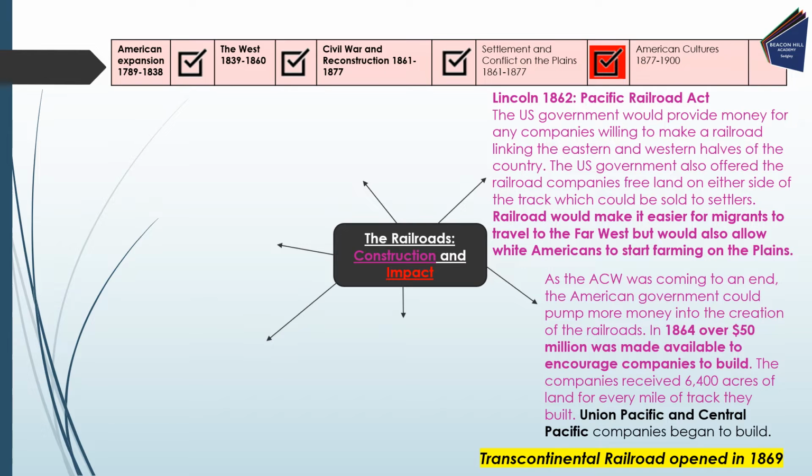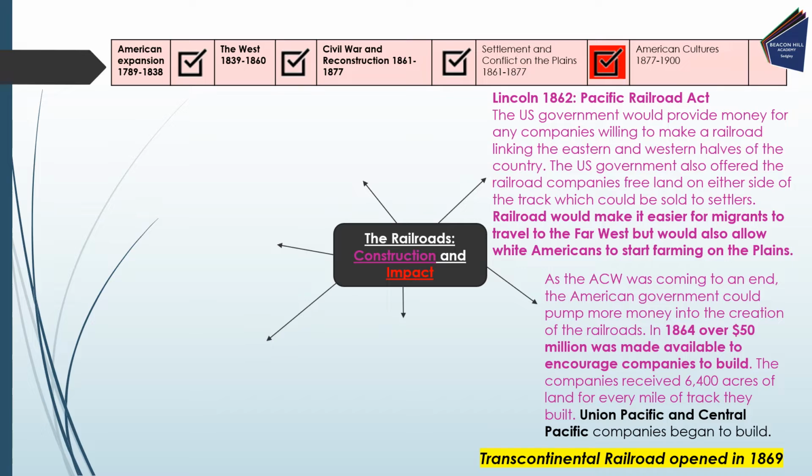Secondly, as the American Civil War was coming to an end, the American government could pump more money into the creation of the railroads because they're not spending as much on military. In 1864, over $50 million was made available to encourage companies to build. The companies received 6,400 acres of land for every mile of track they built.